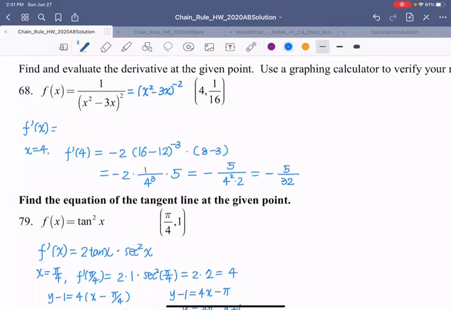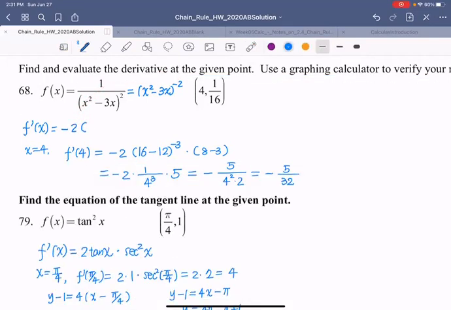Negative 2 pulled to the front times, power rule, right?